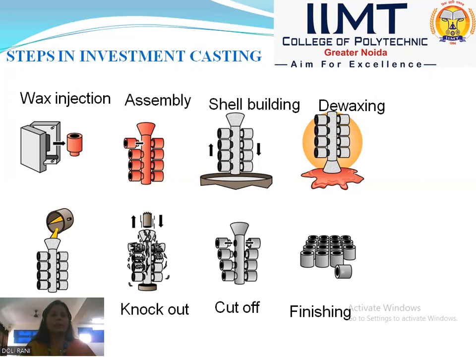When metal is solidified, then this mold is knocked out with the help of a vibrator or hammers. Now, after cutting individual parts from the assembly, these final parts are ready to use. So, the main advantage of the investment casting process is that no machining is required and no further work is done on the workpiece.